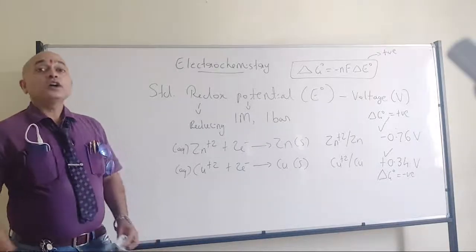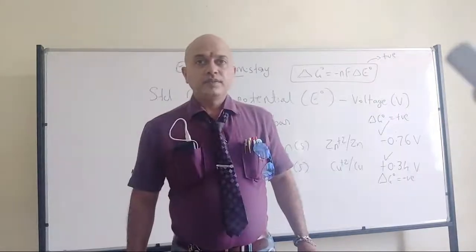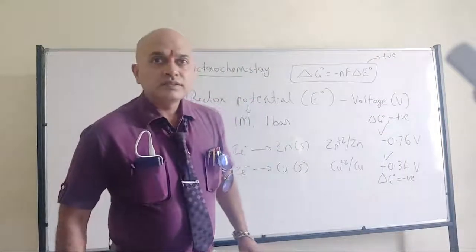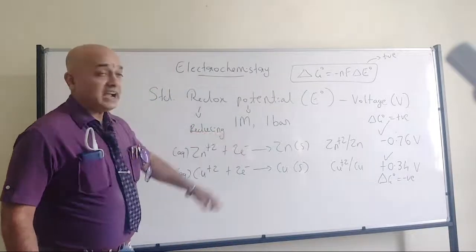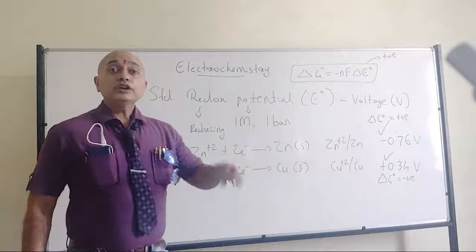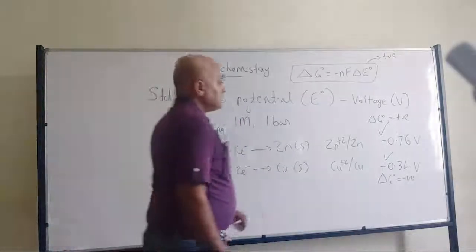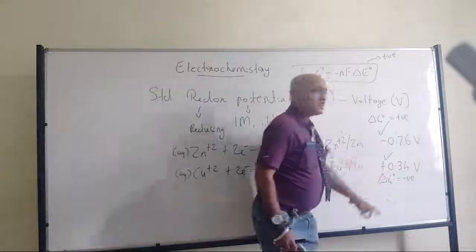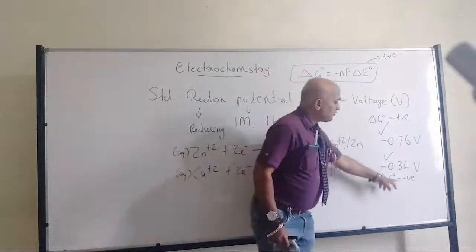It should be the cupric ion that is the good acceptor. Fine? All of you are right? So cupric ion is the good acceptor of electron. That is because it has a positive reducing potential value, and therefore delta G naught is negative.